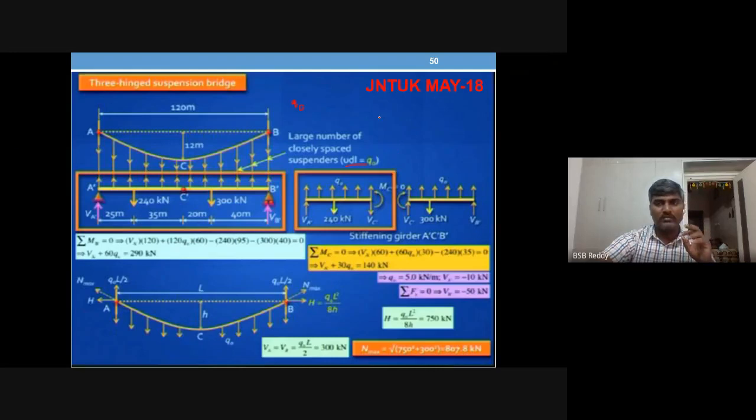First, step one: take the free body diagram of the stiffening girder, then apply sigma MB equals 0. This is the first thing to do.